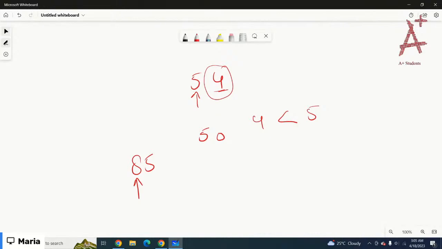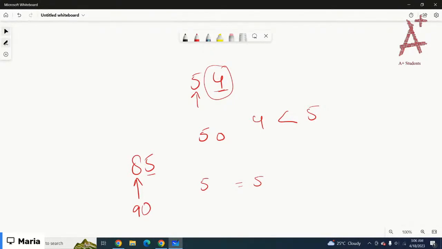Just look at the right hand side of the 8. So here you have 5. You have to compare this digit to 5. So 5 is equal to 5. When the digits are equal, you have to round up. Round up means you have to add 1 to the digit that is at the tens position, and write 0 in the ones place. So it would be rounded off to 90.